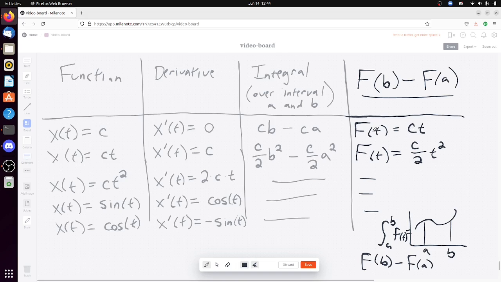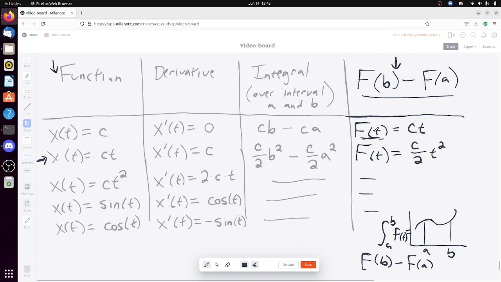So looking at this pattern, let's see if we can compare the F's in this column to the original functions and see if there are any connections. Here, if this one is c t, do we see anything with c t over here? Actually, we do. It's not the derivative of this function, but it's almost like the derivative of c t is equal to c.